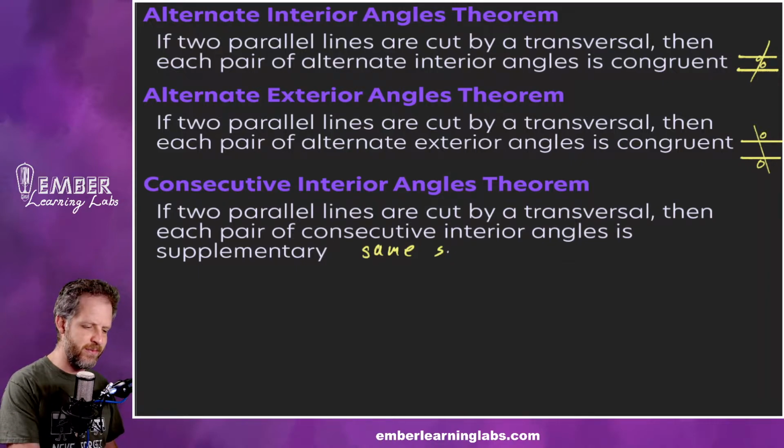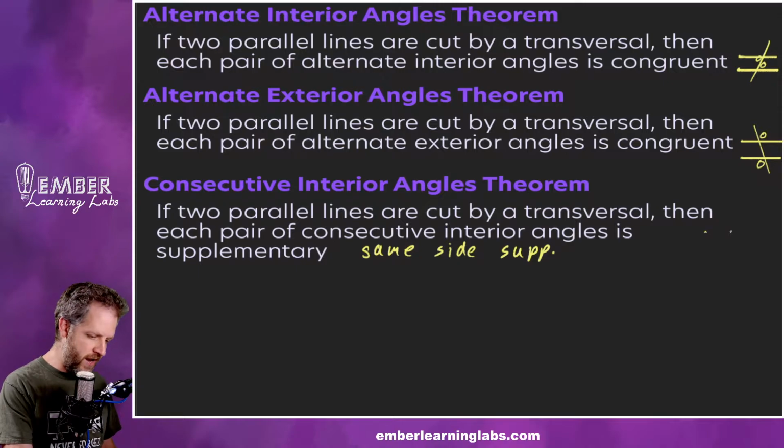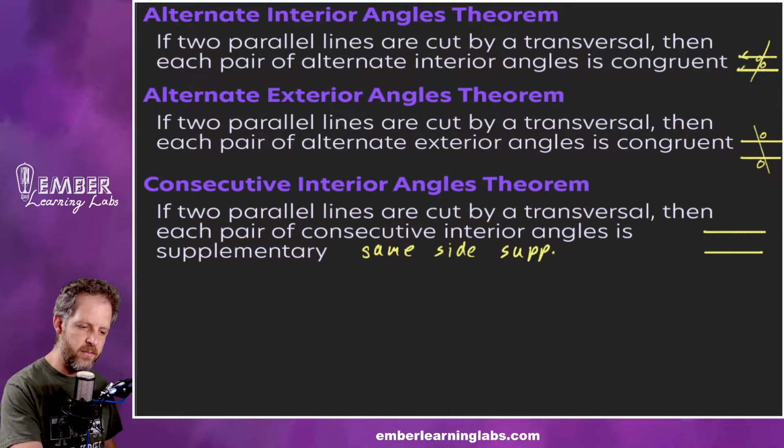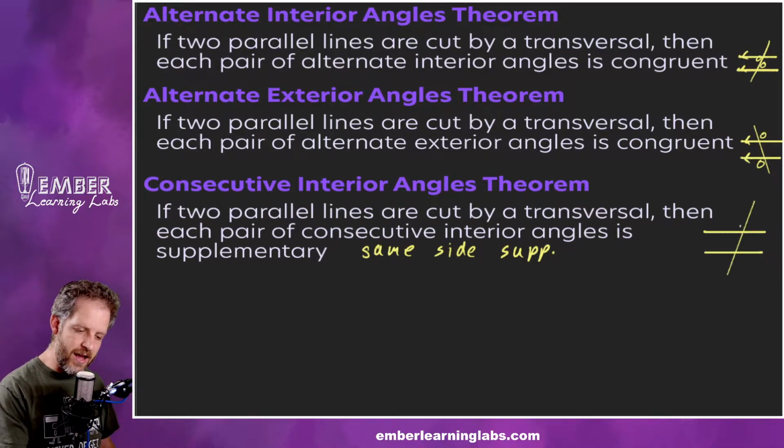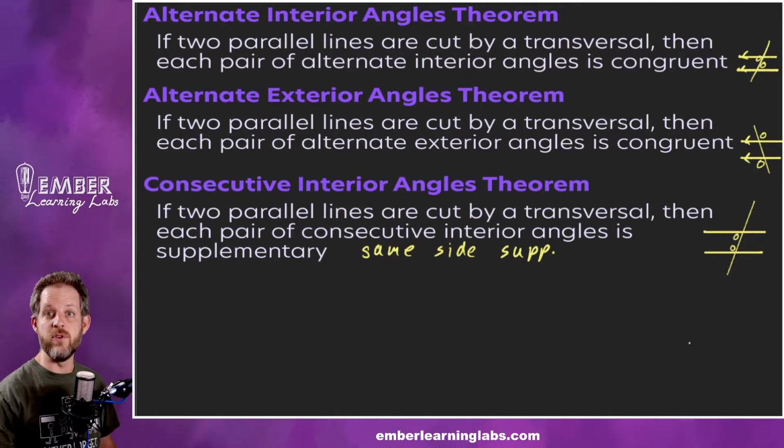Isn't that assonance or something like that? Same side supplementary. That helps us remember that if we have something along these lines, these should all be parallel, and we should add little parallel markers, because if it's not written, it's not true. So same side interior angles, like this guy and that guy, these two measures would add up to 180, because that is what supplementary means.